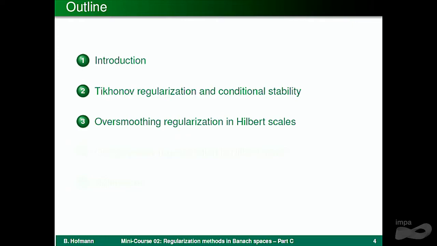You will see in the second part that for conditional stability, it is necessary that delta squared divided by alpha does not go to 0 and does not go to infinity. You have two constants, C1 and C2, and between these constants the quotient must stay. Then all works fine.